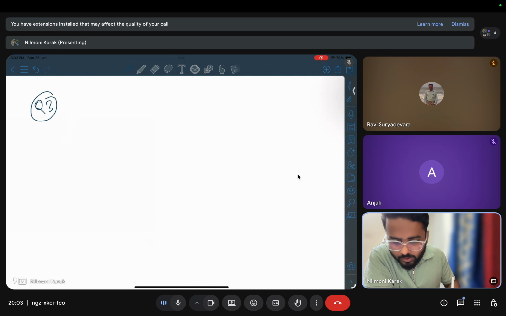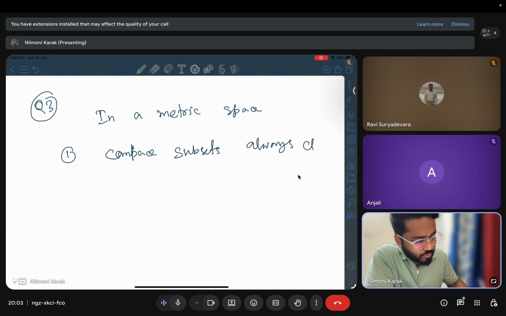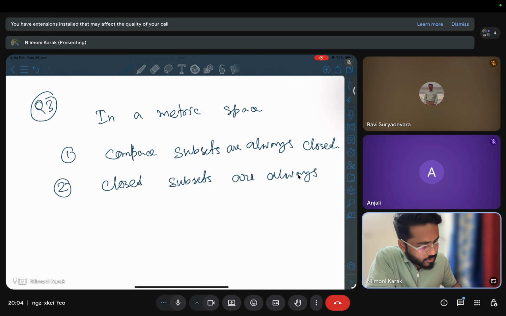Okay, question 3. In a matrix space, which are true? Compact subsets are always closed. Closed subsets are always compact.